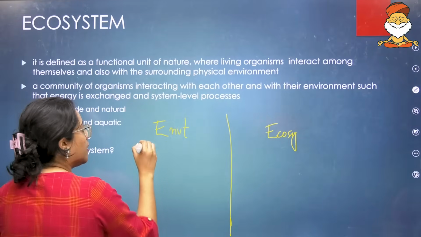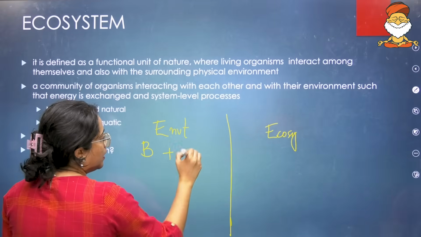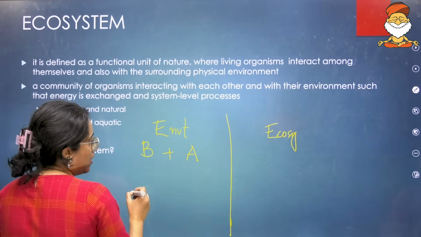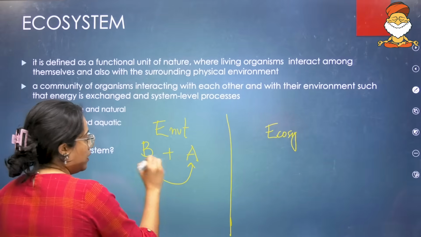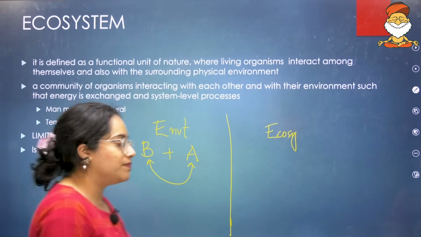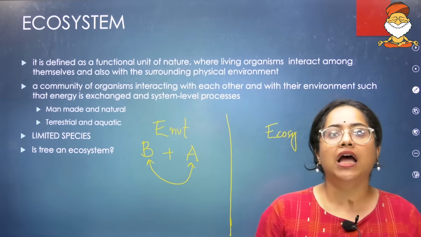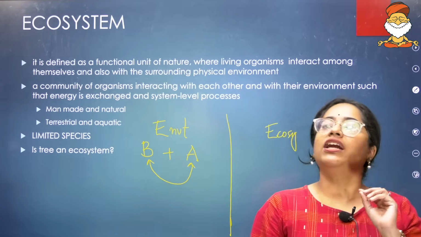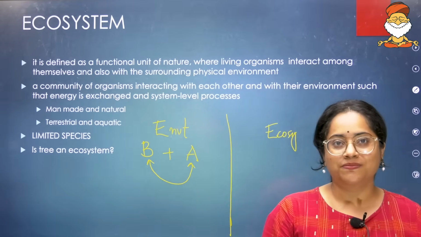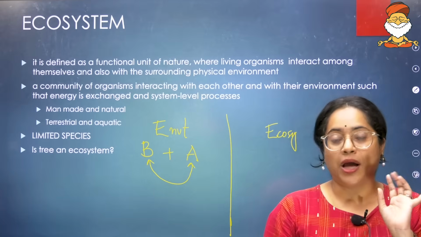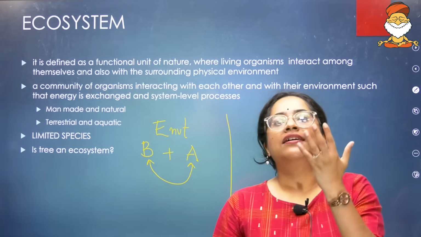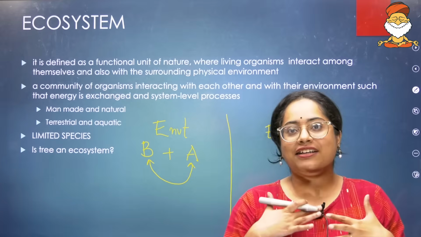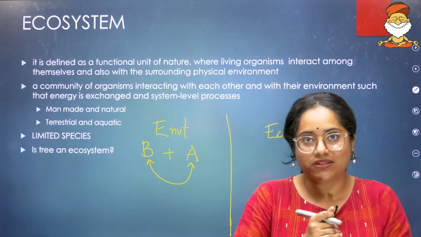In an environment, you have biotic factors and abiotic factors, and they interact with each other. Now, when it comes to an ecosystem, it's the same thing, but there is an added level, an added concept involved over here.